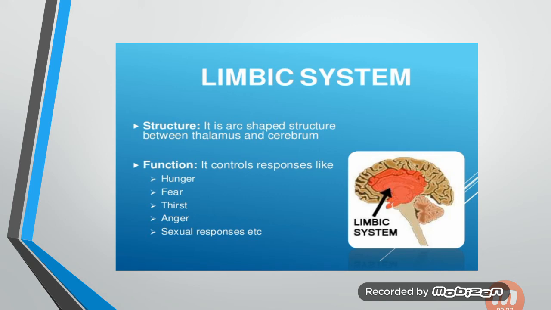The role of limbic system, if we talk about it, the hypothalamus is present on the ventral side of the thalamus. The hypothalamus, through its hormones, its work is the production and the neural connections, which acts as a major coordinating center, which controls the pituitary gland and thereby serves as a link between the nervous and the endocrine system.